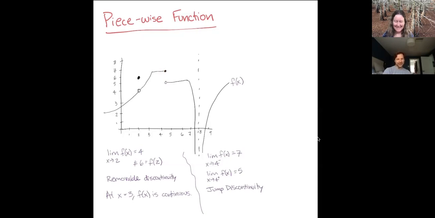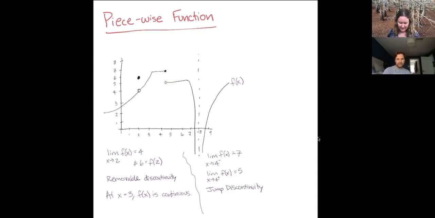Drop discontinuity, yeah, you fell down. But anyways, you're going along and then you have to completely change where you are and keep going. So that's a jump discontinuity. There's no way that we can switch the value of f of 4 and make it continuous anymore.